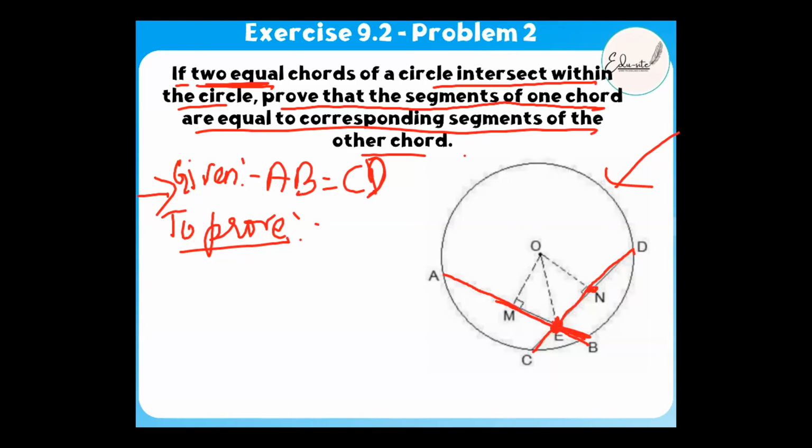All of these are segments. What we are going to prove is AE is equal to ED and CE is equal to EB. This is what we are going to prove. How will we prove AE is equal to ED and EC is equal to EB?